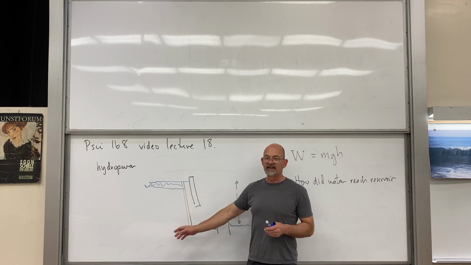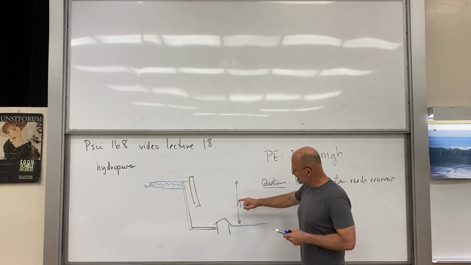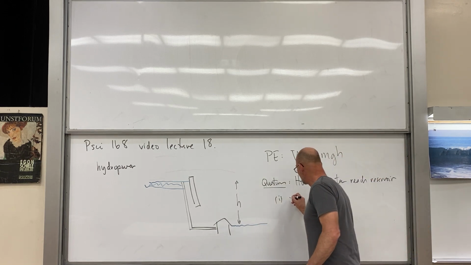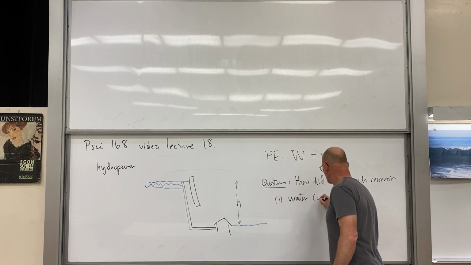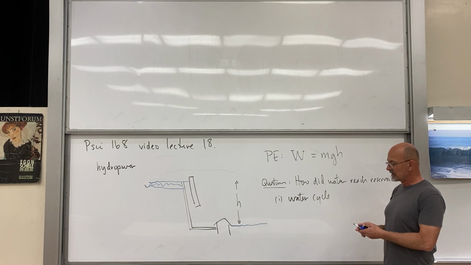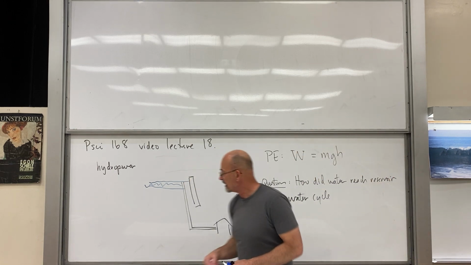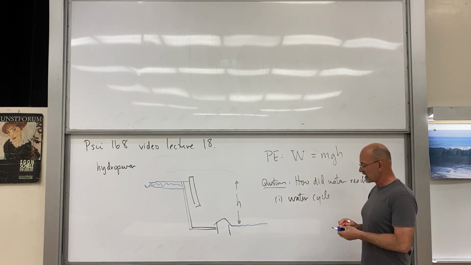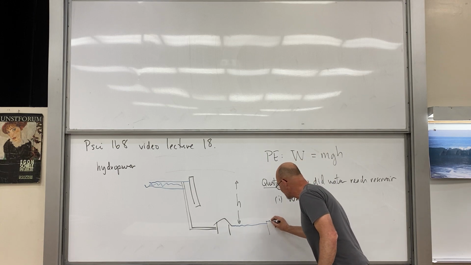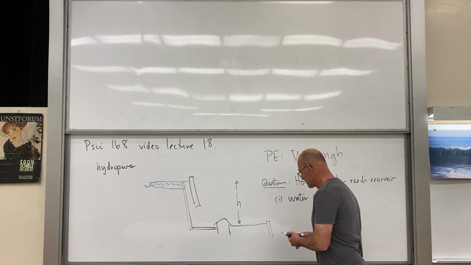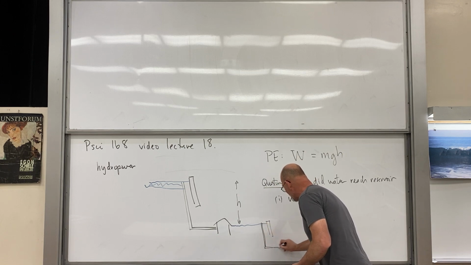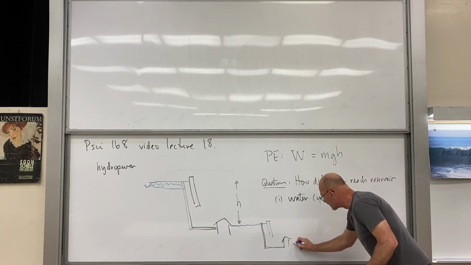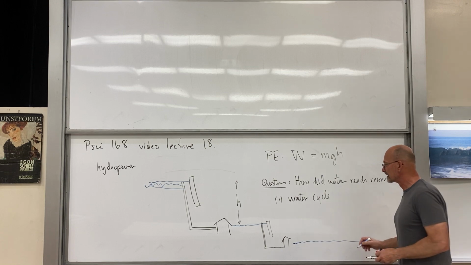And in our case that we're going to study today is way up in the mountain, so this H is considerable. Well, the obvious answer is the water cycle. And the water cycle assumes that we had evaporation, so we can let this lower level, because of what we're doing today, we can even have a second powerhouse, and we'll just let this lowest water level here represent sea level.